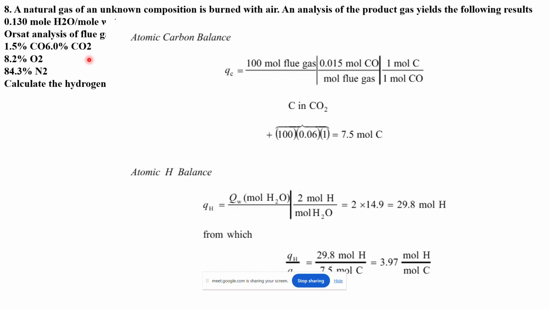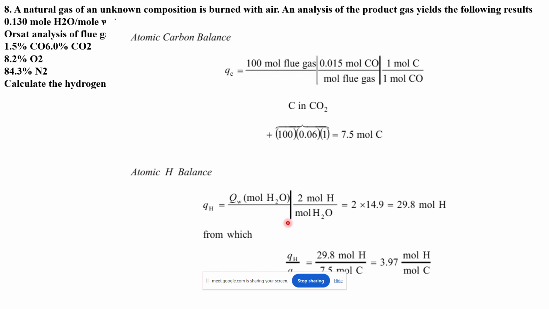For creating 1.5 moles of CO, we need 1.5 moles of carbon. For creating 6 moles of CO2, we are going to need 6 moles of carbon. So the total carbon content will be around 7.5 moles of carbon. Now we come to the atomic hydrogen balance.